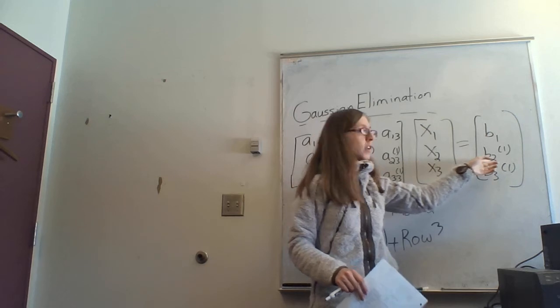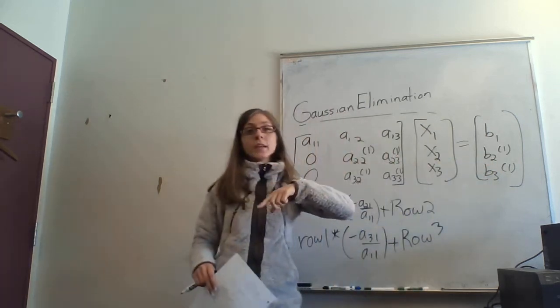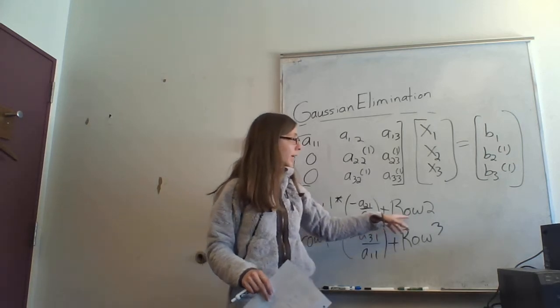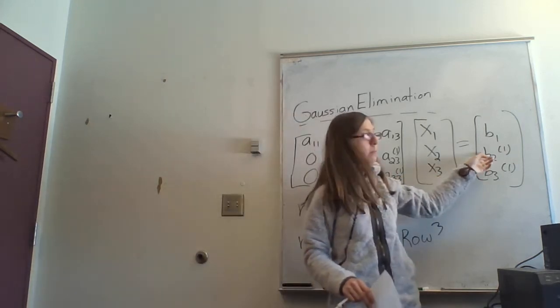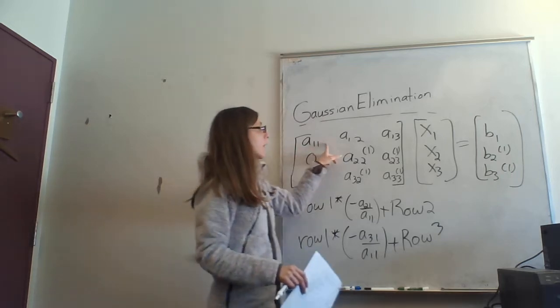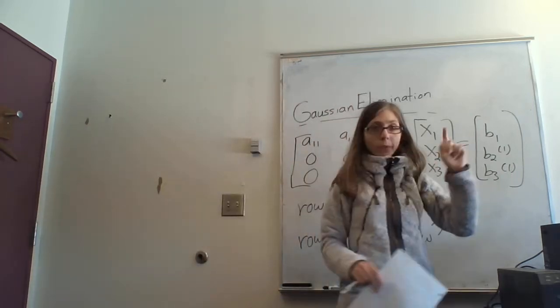Then the next line makes an equation with B21, so when we multiplied row 1 by this number and added it to row 2, that also included these B parts, because those are in the same equation as the rest of their row.